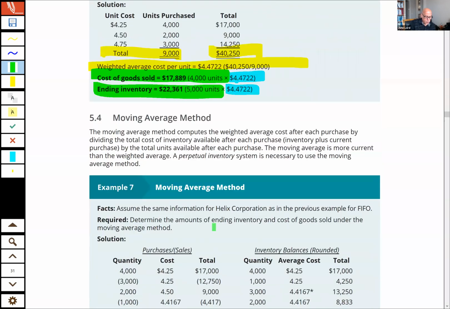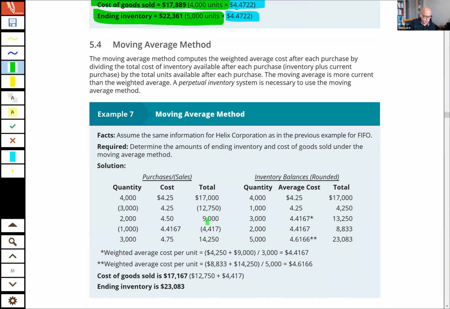And we're going to do LIFO in a minute, but let's go ahead and do something called the moving average method, okay? And what moving average does is it's going to calculate a new average, a new moving average, every time I have a purchase of inventory items. So any more items are added in, then I'm going to recalculate my average.